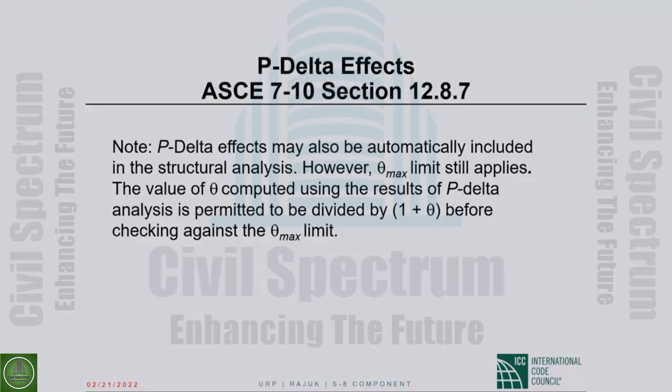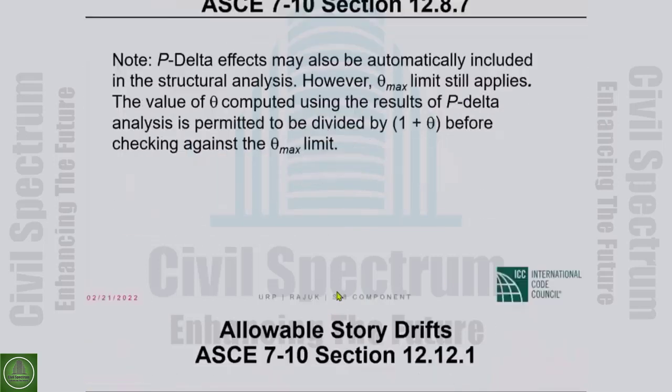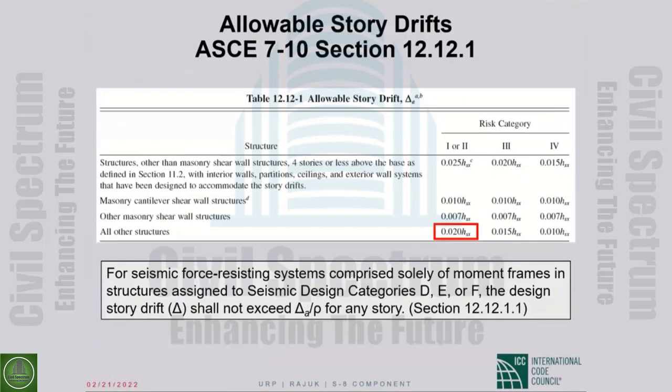If you take the drifts from an analysis where P delta is already included, you need to take the P delta consideration out, and that's where the division by 1 plus theta comes in. Okay, so read this carefully. I think you will see exactly what ASCE 7 has in mind.